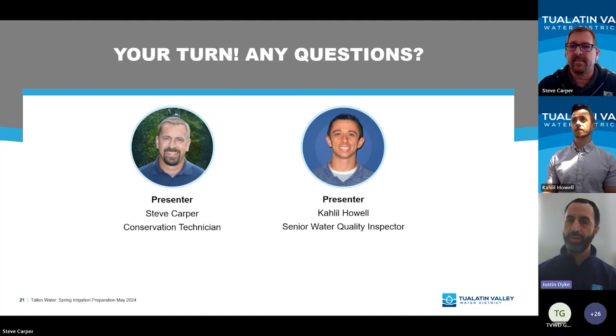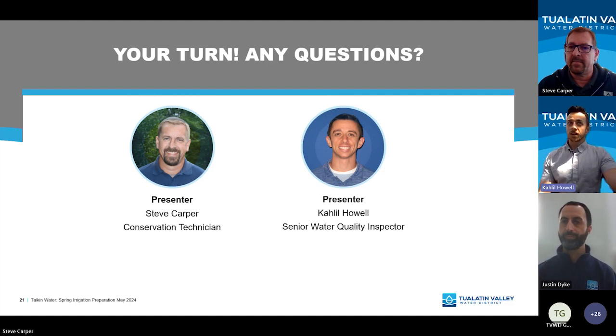Awesome. Thank you. And the next question says, my system was installed many years ago, and I don't know how to identify whether it has a backflow setup on it. If I enroll in the Gold Plan and the inspector doesn't find one, what are my options? Yeah, so different outcomes there depending upon what the tester finds.